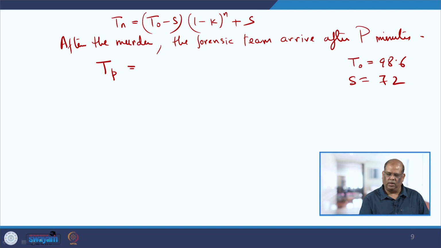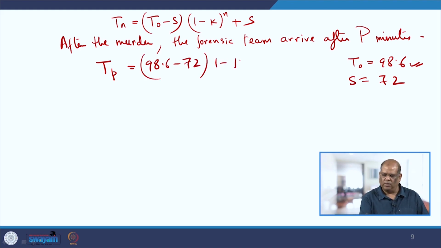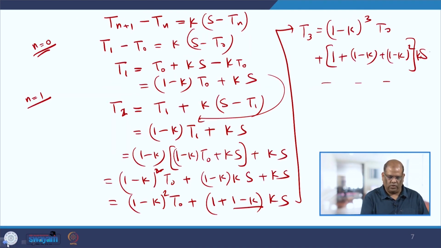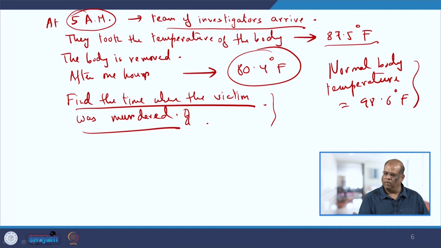So, if I substitute this in this equation, just at the point of murder, the temperature of the body is (98.6 minus the surrounding temperature 72) into (1 minus k) to the power p plus 72. So, after p minutes, this temperature was found to be 87.5. I guess this information was already given here. The first one was 87.5 and the second one was 80.4.